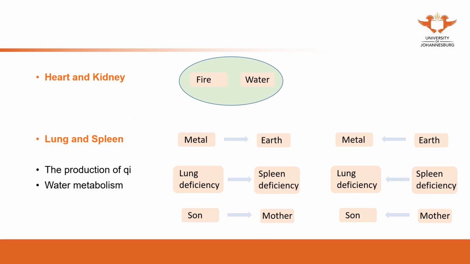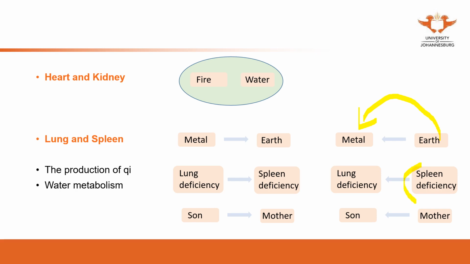And from the spleen, the mother, affecting the son: from spleen deficiency, especially in some patients with poor appetite, after a long time sometimes they will develop lung deficiency. They will have coughing, or they don't want to speak because they don't have enough qi.